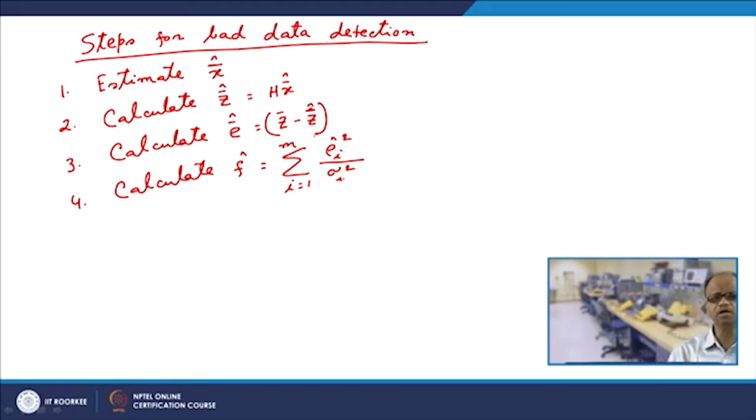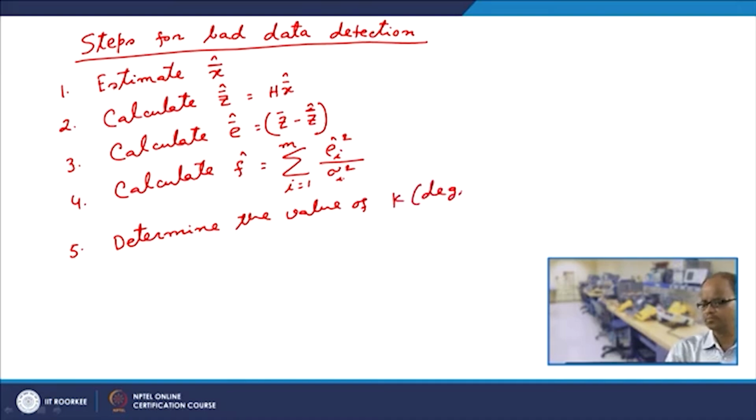To consult our chi-square distribution curve, first we determine the value of k. What is k? K is the degree of freedom. How do I determine the value of k?